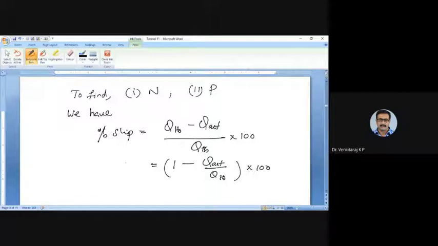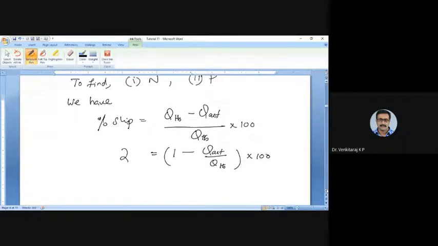In this case, this 2% is the percentage slip value. So you can use that to determine the theoretical discharge value, because the actual discharge is given as 0.1.